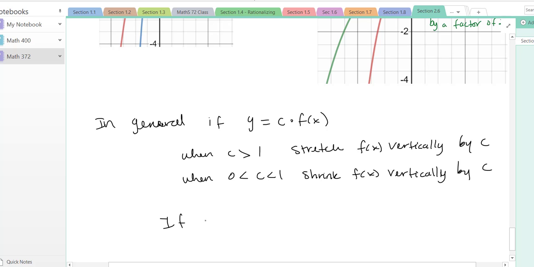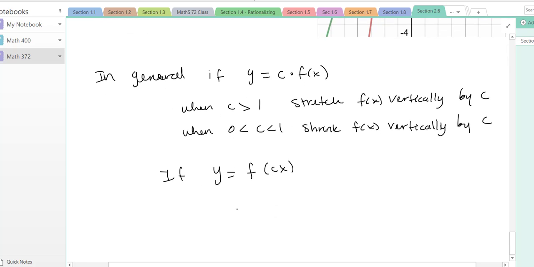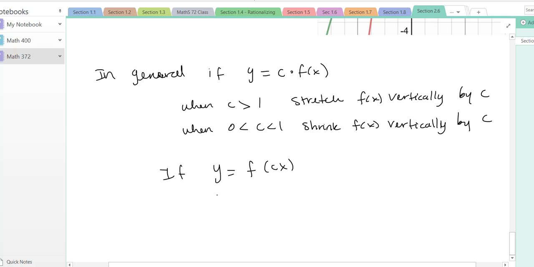If it's on the outside of your function, it's a vertical stretch or shrink. And then if y equals f of c x, so if c is on the inside, then things are happening horizontally. So we're going to say something similar. When c is greater than 1, we are going to shrink f of x horizontally by a factor of 1 over c.